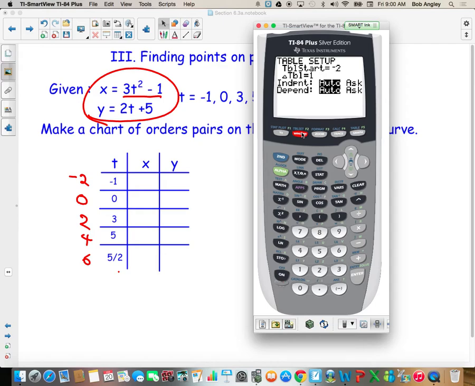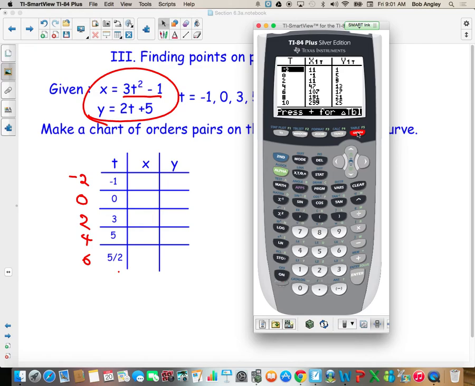Delta table, change to the number 2. If I hit graph, or second table, it gives us those numbers like that. Questions or comments?